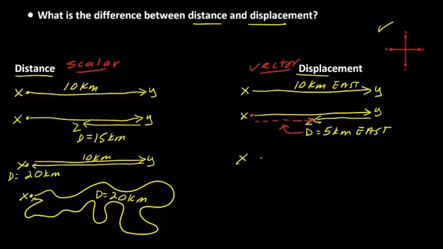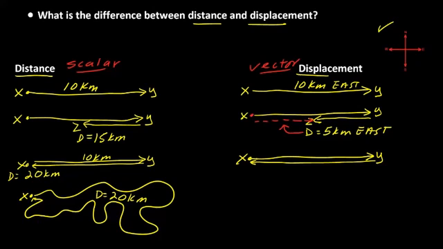We started at X and we traveled all the way to point Y, and then we turned around and came all the way back home again to our original origin. And when we did that, the distance we traveled over here on the left was a total of 20 kilometers. That would be from X to Y is 10 kilometers, and from Y to X back again is another 10 kilometers.